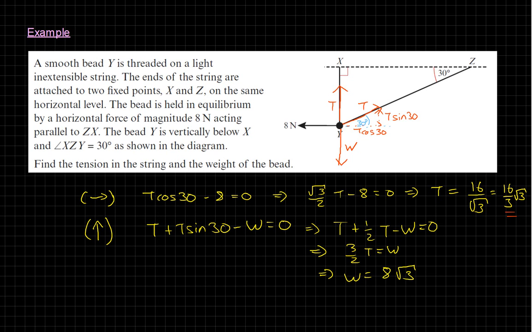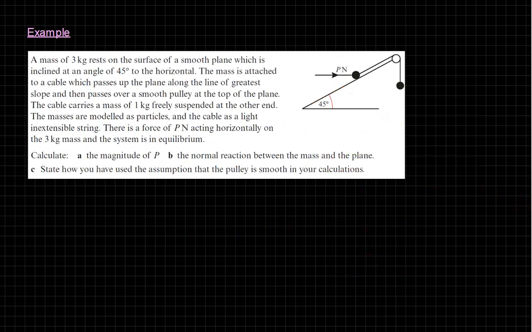I got that from substituting our T value into this equation. Okay, and that gives us our two values there. That's the weight, and that is the tension in the string. Great, let's look at one last example and then you can have a go yourselves.